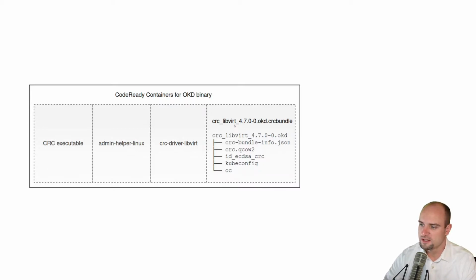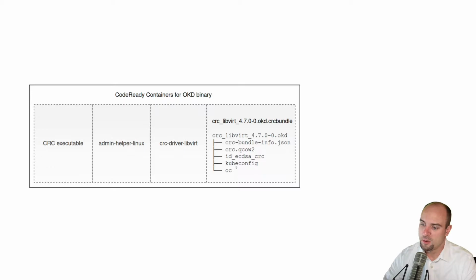And the last part here is the largest one. This one is called the CRC libvirt bundle. This bundle is an archive, and there are several files in it. The first one is the crc-bundle-info, which is a metadata file. The second file here is the CRC QCOW2 image. This is the image with a pre-installed single node OpenShift cluster. Next, in the archive, we have a private SSH key, which is used during the deployment by CodeReady Containers in order to SSH into the virtual machine.